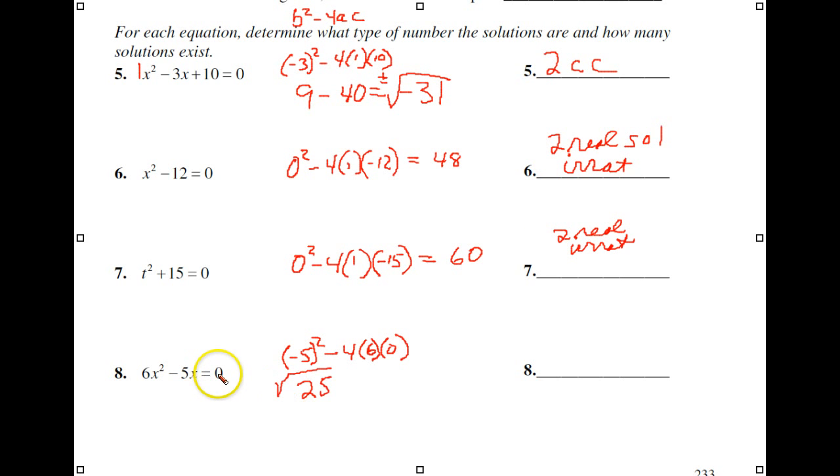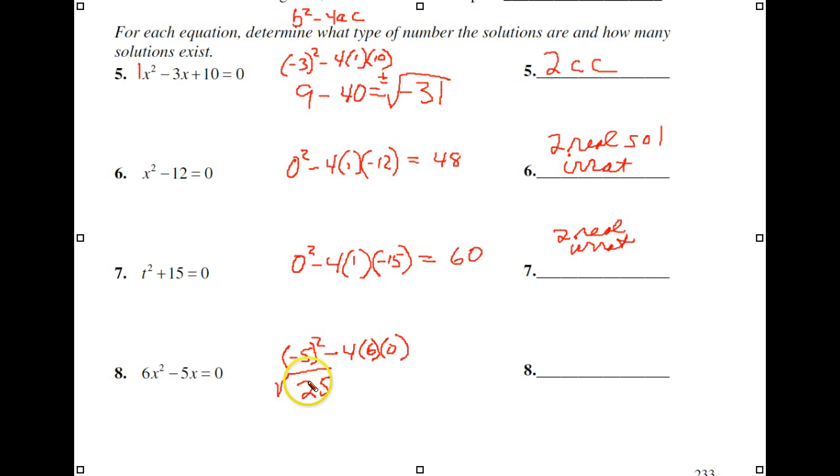So in number 8, our b term is a negative 5 that we're going to square, minus 4 times 6, which is our a term, and our c term is 0. So when we have a string of factors including 0, this becomes a 0.